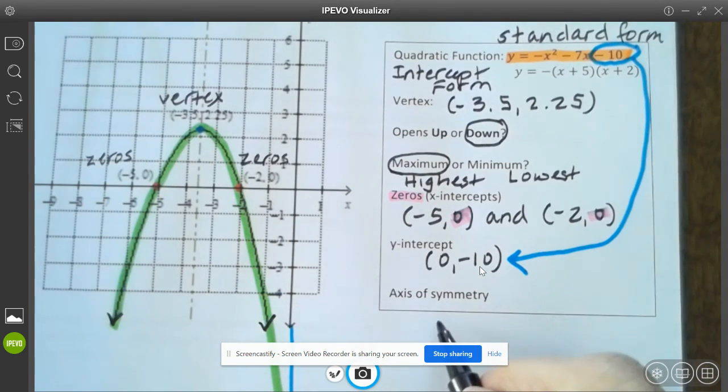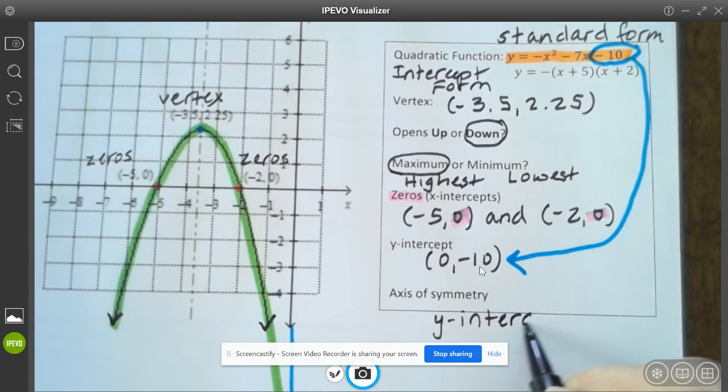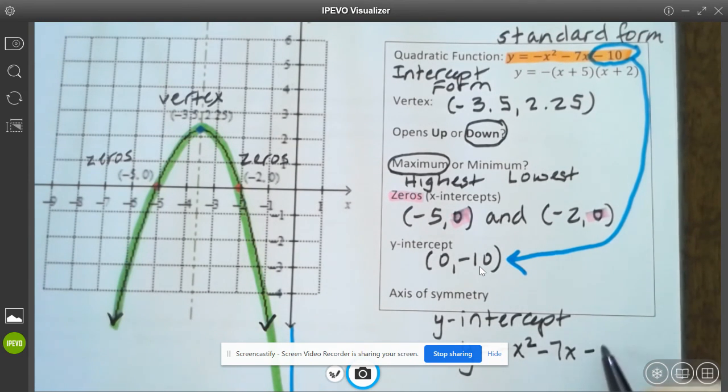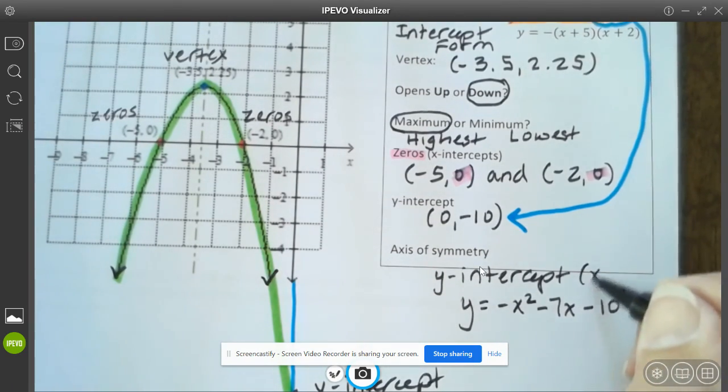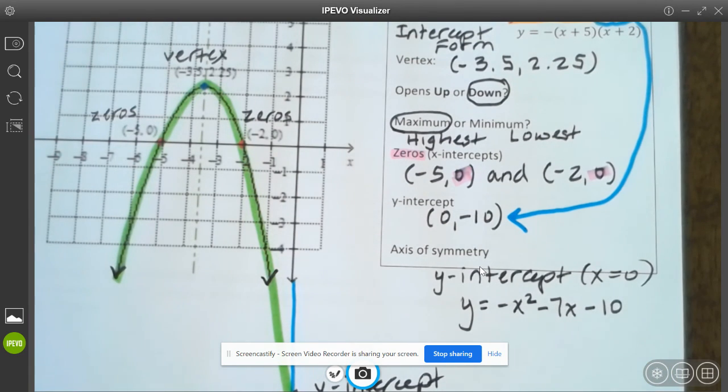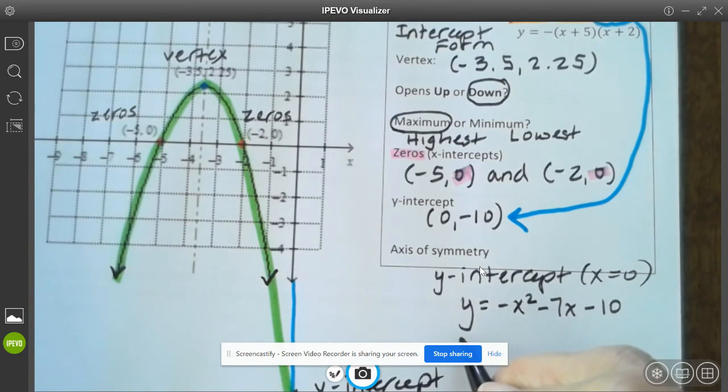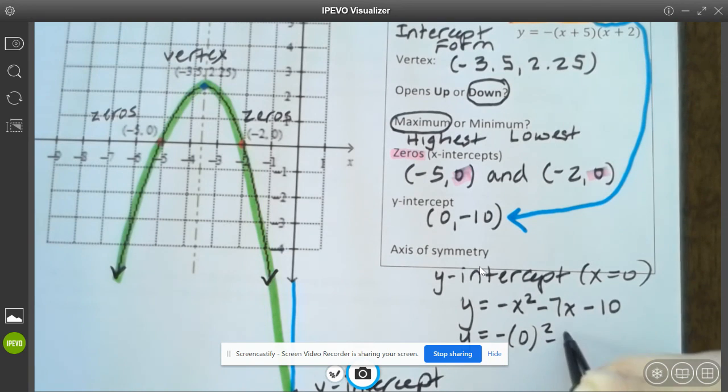The second place that comes from is I can figure it out algebraically. I can use our function y equals -x squared minus 7x minus 10 to find out what the y-intercept is. And how I can do that is I know the y-intercept always has an x value of 0 every single time. So what we're going to do is figure out what the y value is when x is 0.